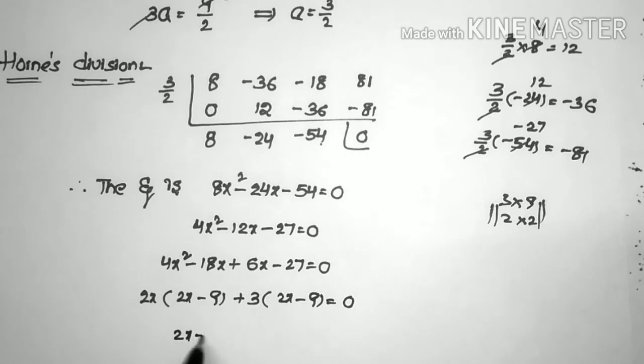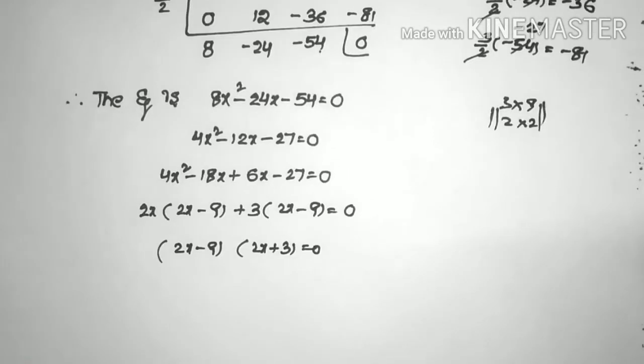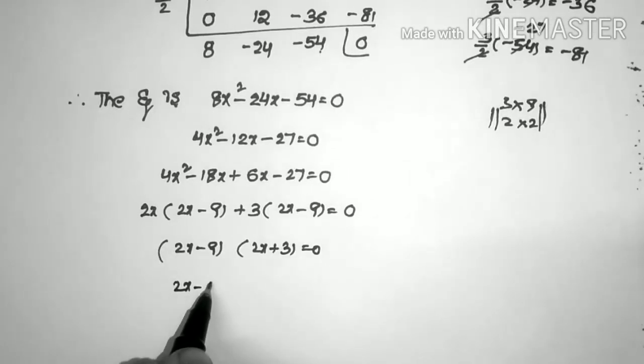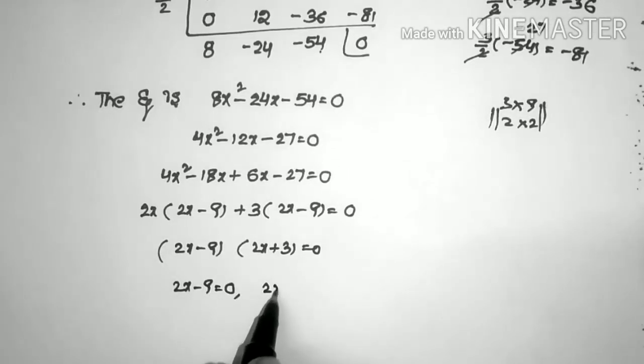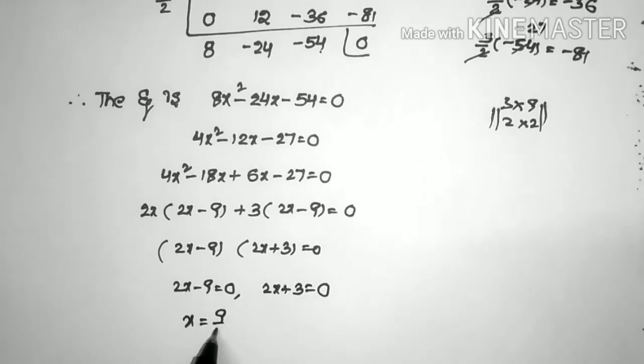That is 2x minus 9 into 2x plus 3 is equal to 0. So 2x minus 9 is equal to 0, 2x plus 3 is equal to 0. That is x is equal to 9 by 2, x is equal to minus 3 by 2. These are the remaining two root values.